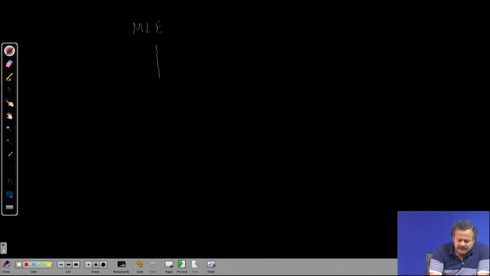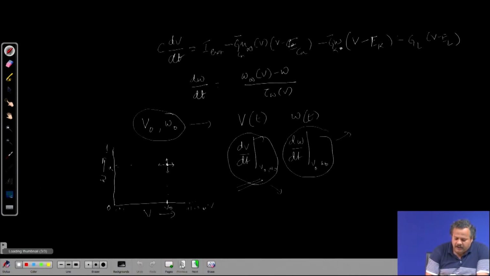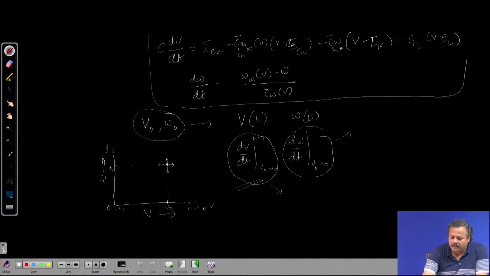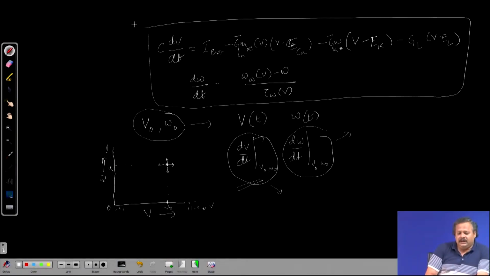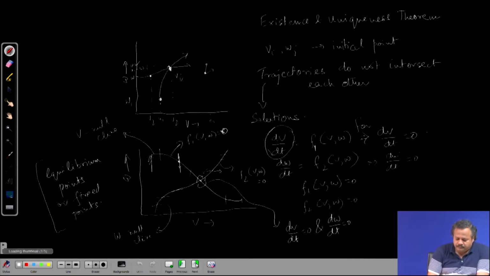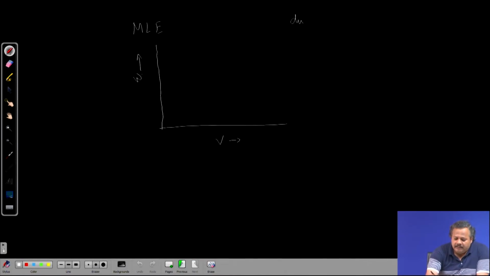Now let us go forward to exactly how the Morris-Lecar nullclines look, and try to see a few things. This is V and W. From our equations for C dV/dt and dW/dt, just recollect that, if we set dW/dt equal to 0, that means W infinity(V) minus W divided by tau W(V) is 0.